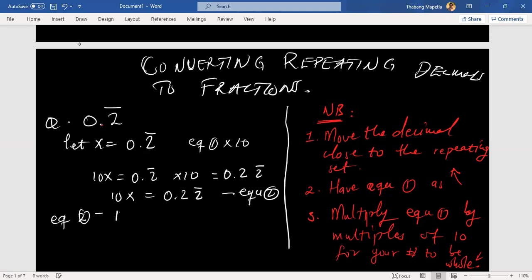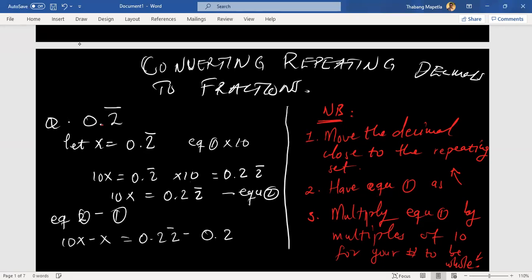Next step, equation 2 minus equation 1. That is, 10x minus x equals 0.22 bar minus 0.2. I made a mistake here.